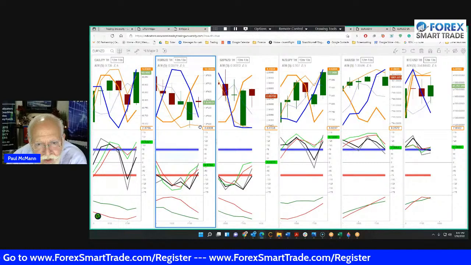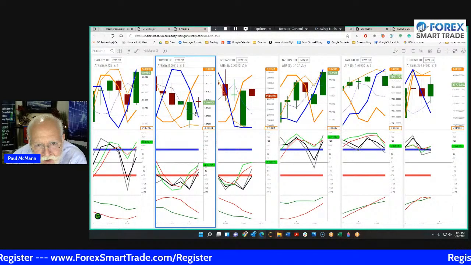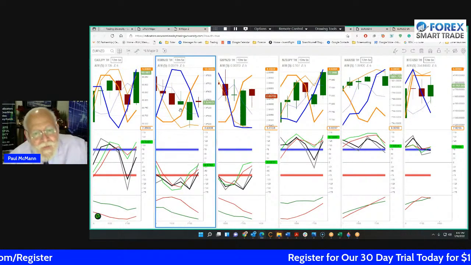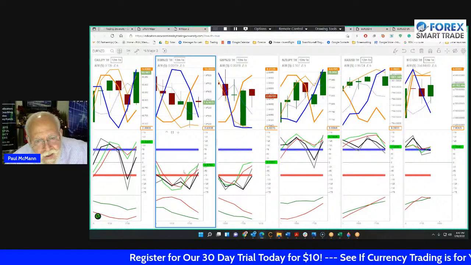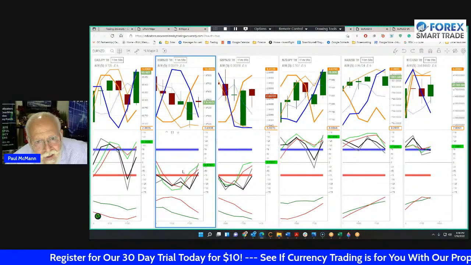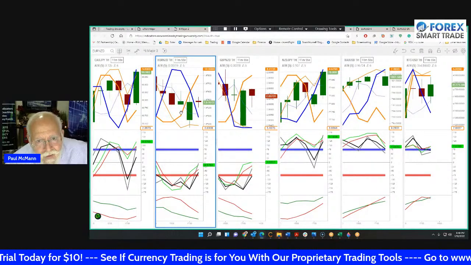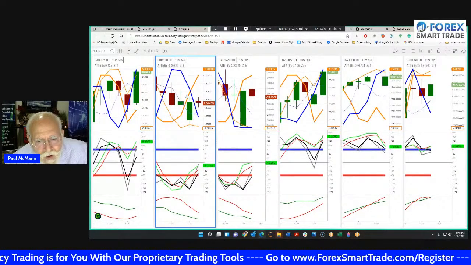Thin orange is going down, which means sell. Dotted blue is just slightly going down. So we got 3 of the 4 here telling us sell. Telling us buy, the 2 blues are going down, and the thick orange is going up.